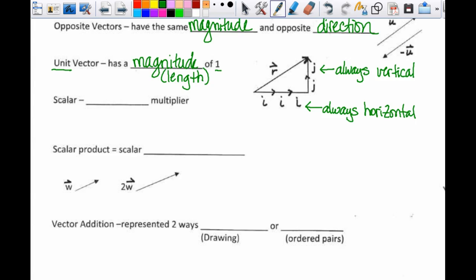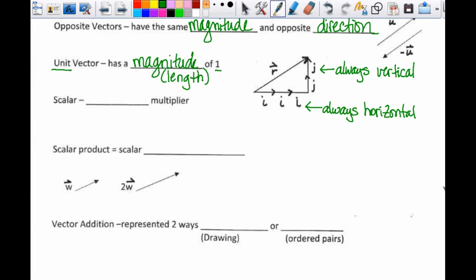So when I want to write an ordered pair and show that it is a vector, how does it look different than a coordinate point that I plot? Well, forget the I and J. No, just a vector in general. You're going to notate that this is a vector, and we'll use 3, 2. How do I show when I write it down that it's not an ordered pair 3, 2, like a plot, that it's actually a vector?